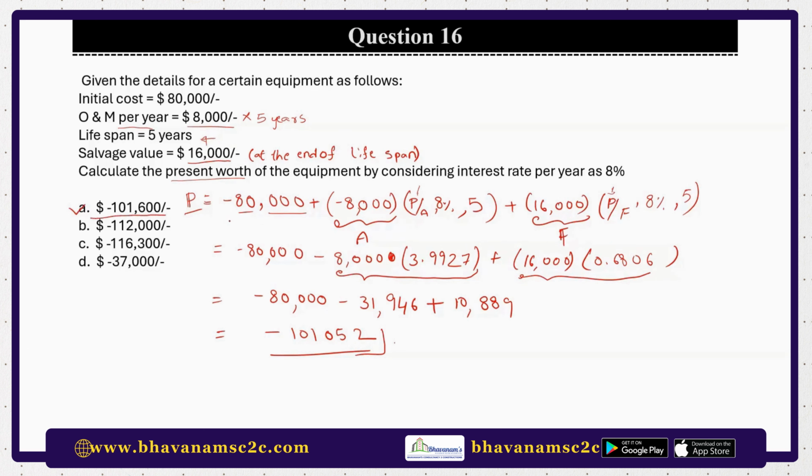Okay. And the same problem you can solve by using the formula too. If you use the formula, then as I said, you may find a difference in the last 2 to 3 digits, but it will be almost the same. If you go with 4 decimals here, then you will get almost the closest value. Hence I emphasize that you go with 4 decimals. Do not restrict yourself to just 2 decimals. All right.